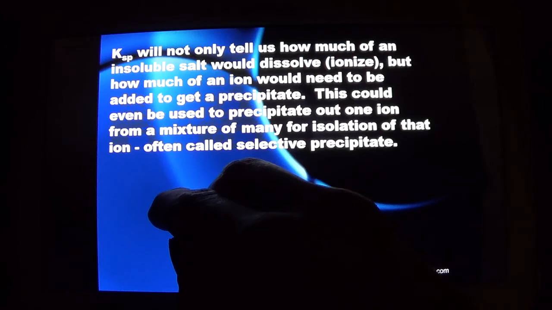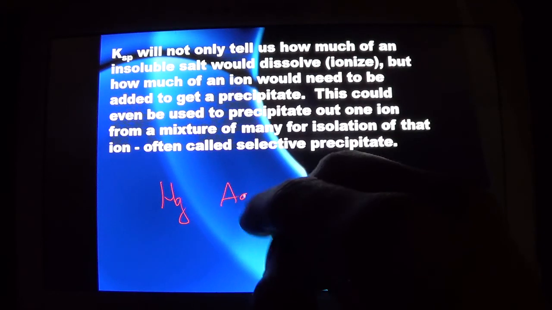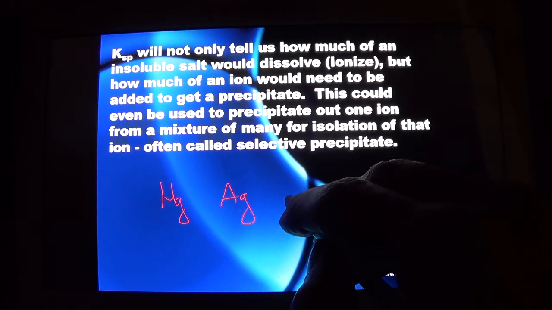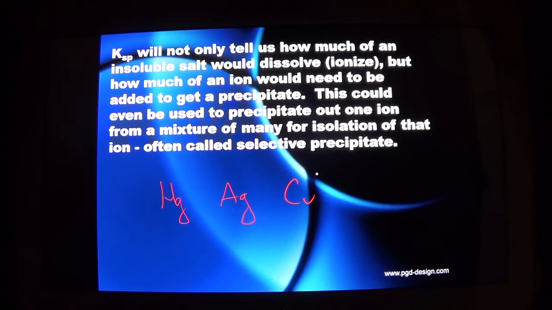So say I have a mixture of mercury, silver, and copper. Why not? They're all dissolved because I use like mercury nitrate and silver nitrate and copper nitrate. They're all dissolved to a very, very small amount because they won't dissolve much even as a nitrate. But very small amounts dissolved in a test tube I have.